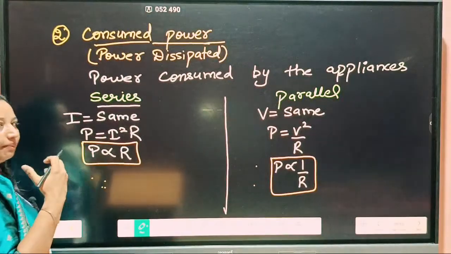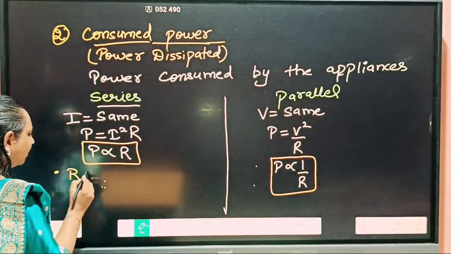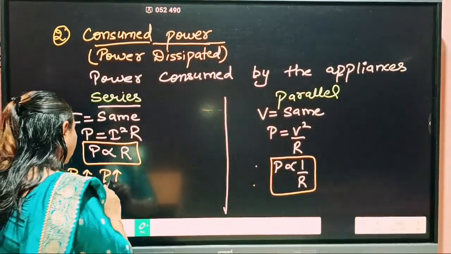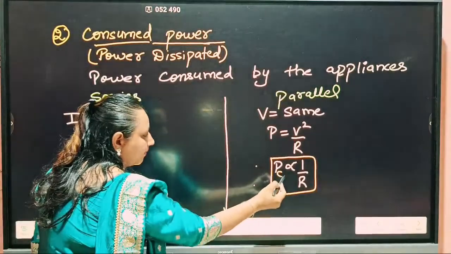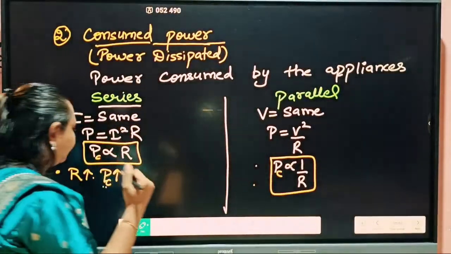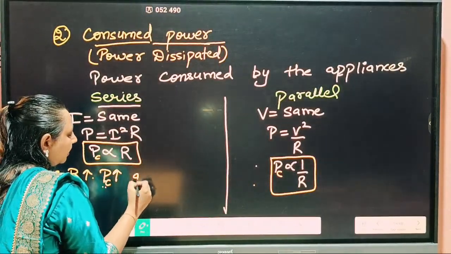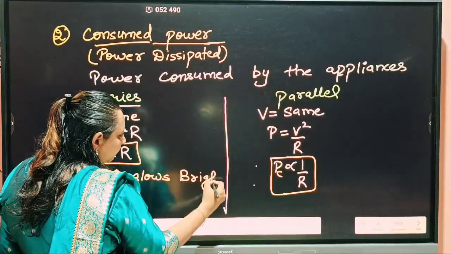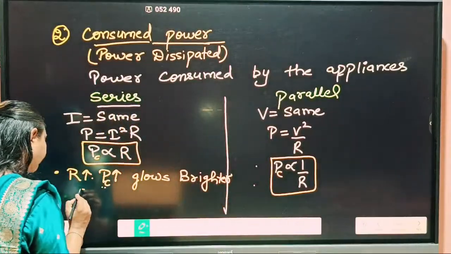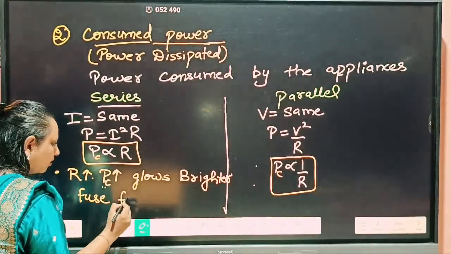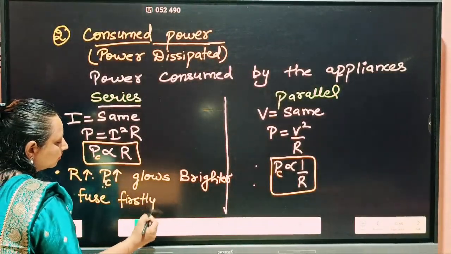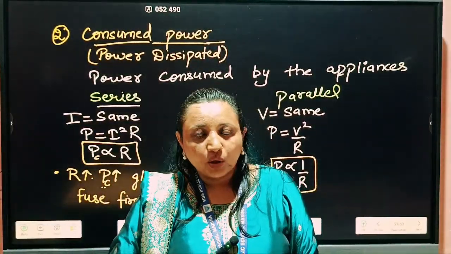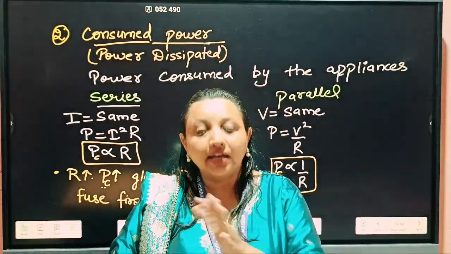So the electrical appliance which has higher resistance has higher consumed power, right? That means it glows brighter and also fuses first.